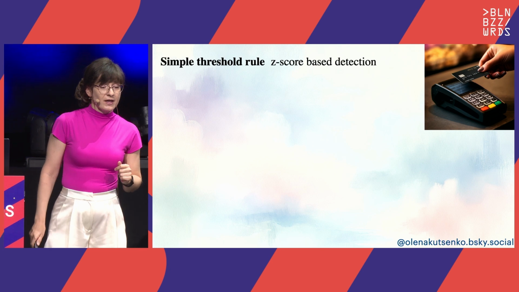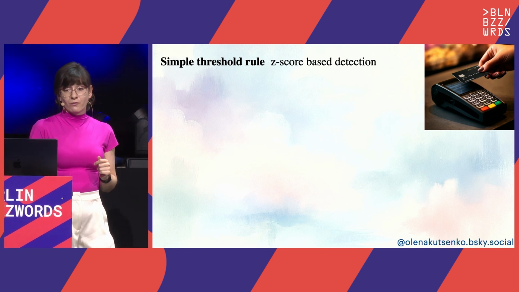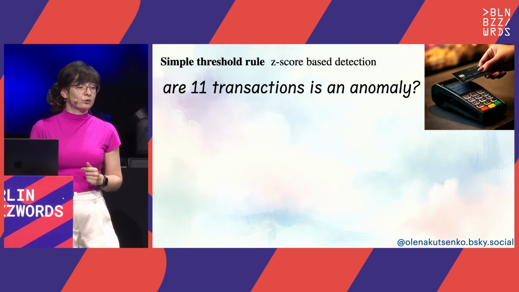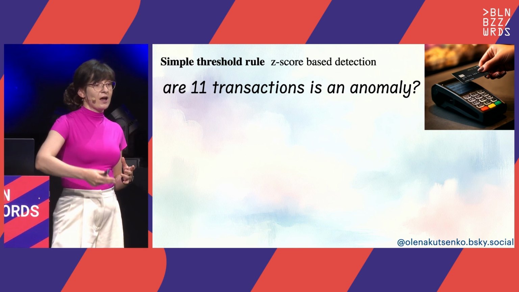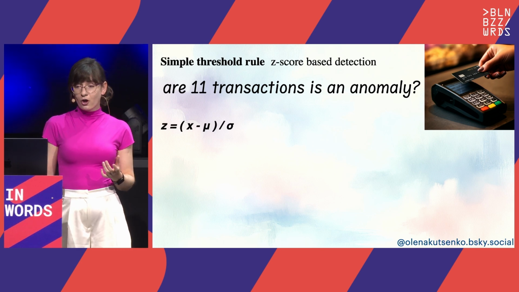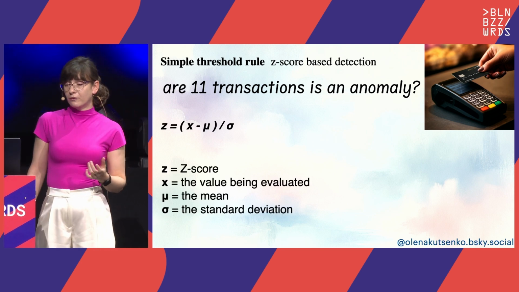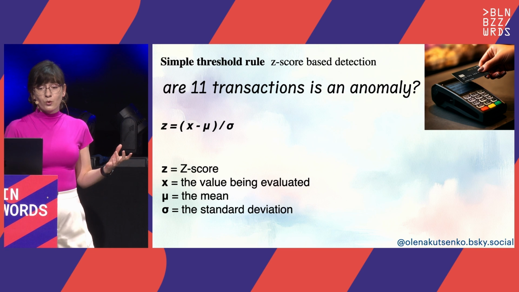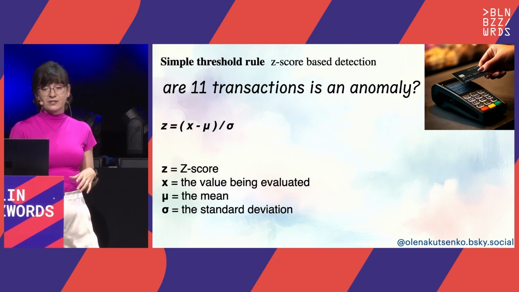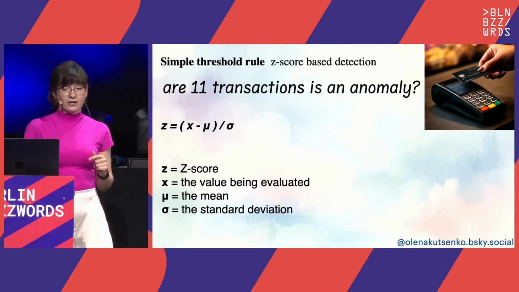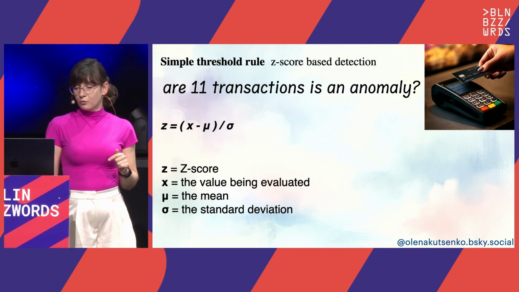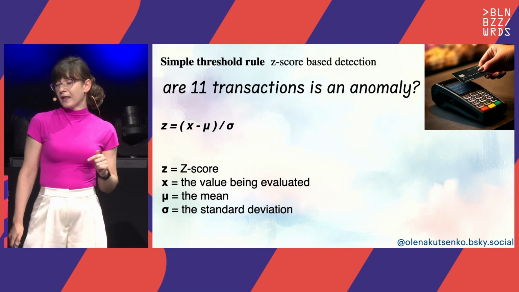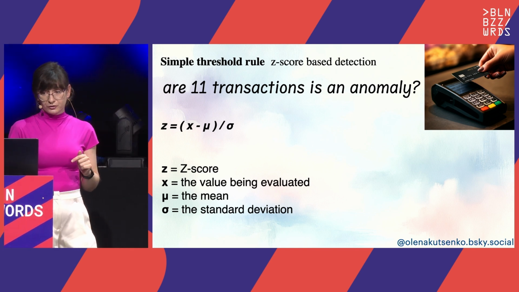So this is another one, Z-score based detection. For example, if you want to detect whether 11 transactions per day by a given user is an anomaly or not, we can also use a formula which calculates the Z-score. It takes the X, which is the value, the transactions count for today, which we are evaluating. Then we take the mu, the mean daily transaction count, and sigma, the standard deviation.